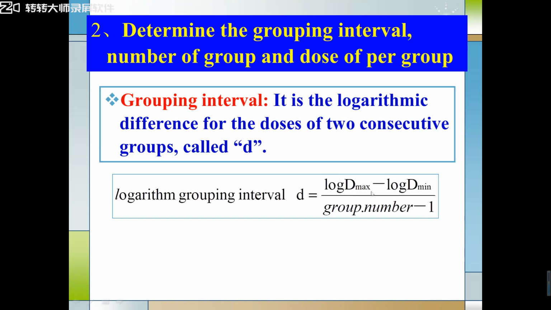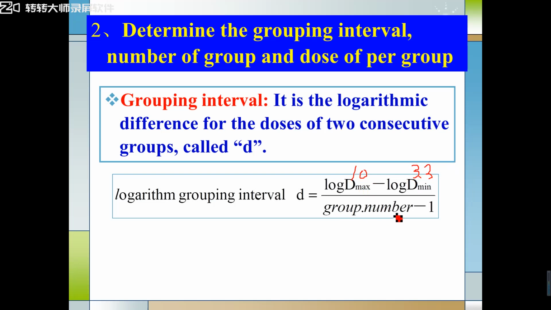Just now we have known log Dmax is 10, so log 10. And Dmin is 3.3. In the first step, we have determined Dmax and Dmin, the upper and lower limit dose.